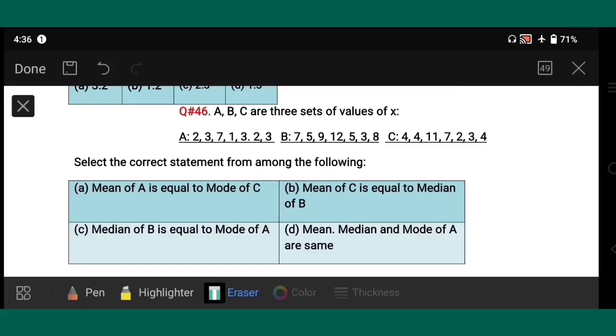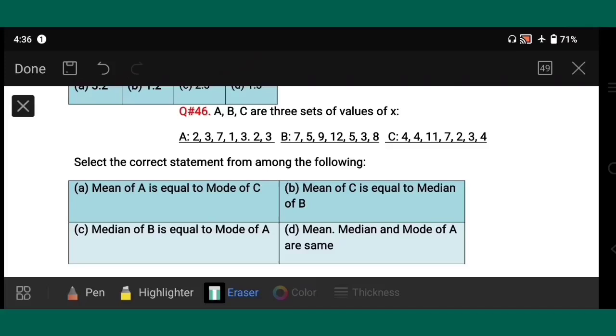Question number 46. A, B, C are three sets of values of x, that is A 2 3 7 1 3 2 7, B 7 5 9 12 5 3 8, C 4 4 11 7 2 3 4. Select the correct statement from among the following.